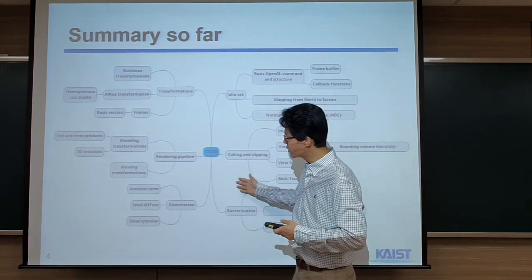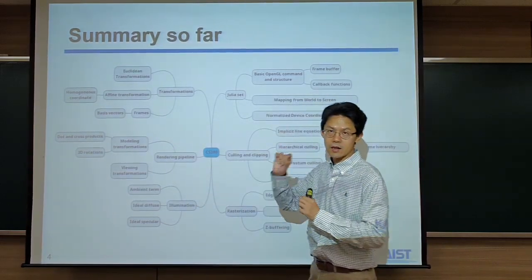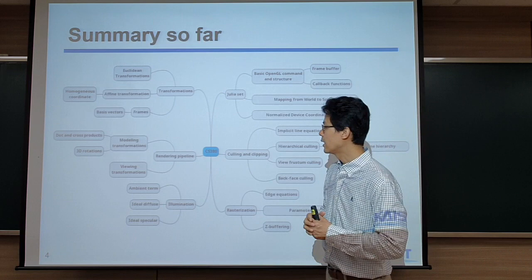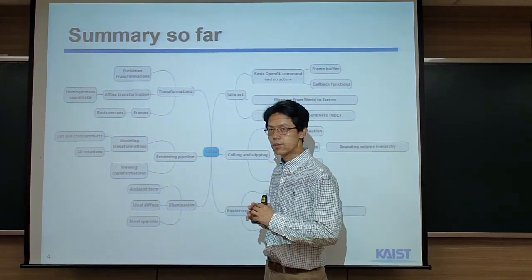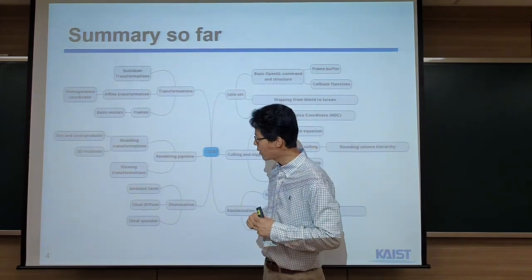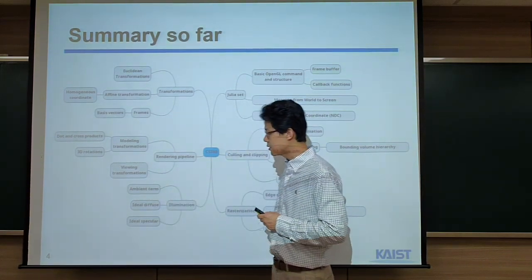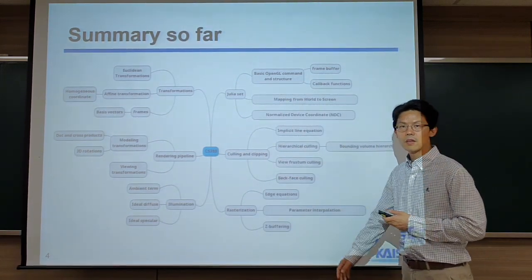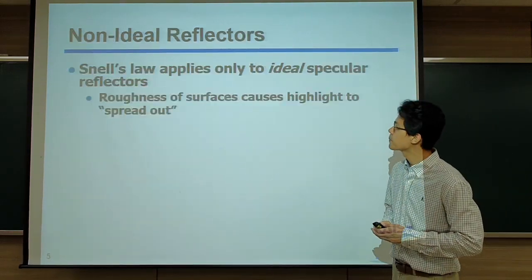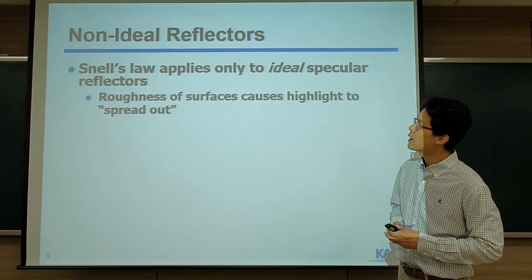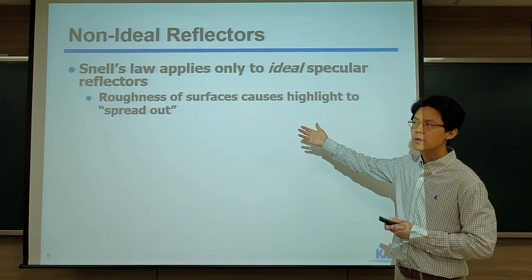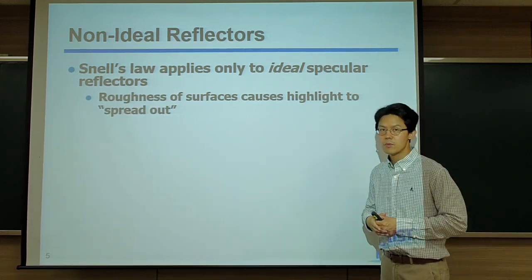And then we moved to illumination, how we can compute the color for each vertex of a triangle, right? We talked about three main low-level components: the ambient term, the ideal diffuse term, and the ideal specular term. These are the main components that we have talked about so far. Today, we'll continue our discussion on the illumination model.